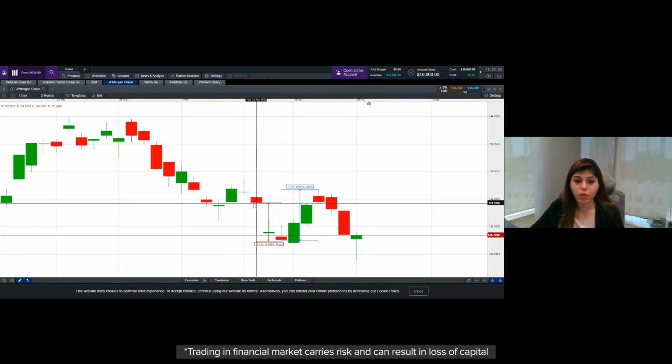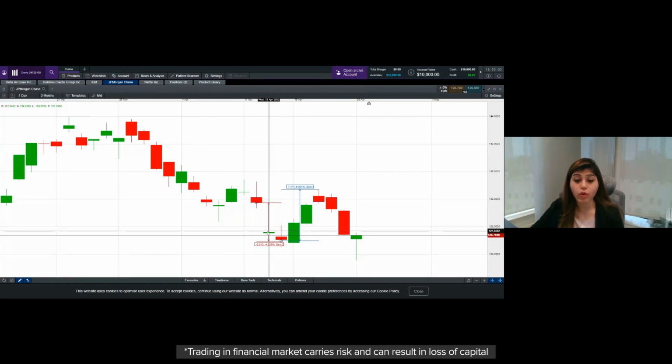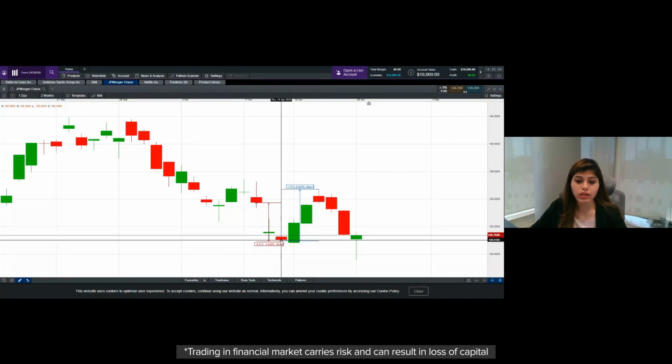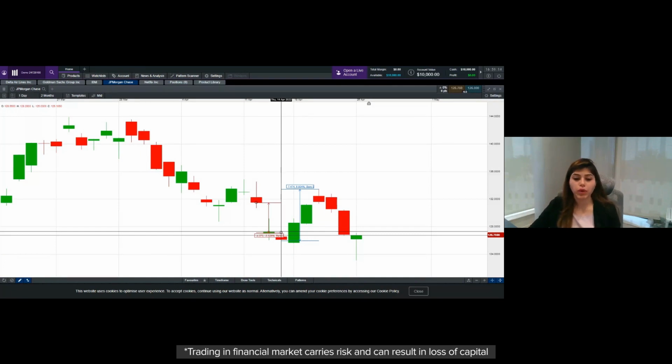So from 131, the stock opened $4 lower, which is already 3.3% lower. And our target, the average pull down that we were expecting, was 1.1%. So if any individual would have taken such a trade, the trade would have resulted in a profit, wherein the stock opened gap down and opened lower.